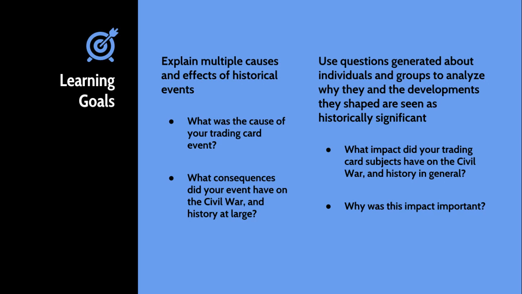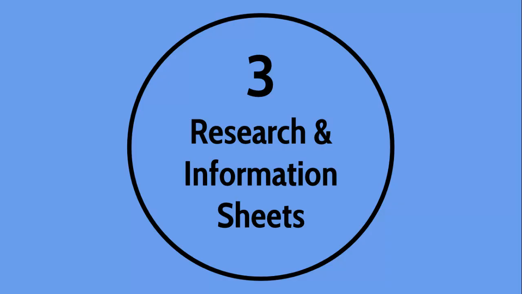Why, in other words, are we still learning about this person or this group so long in the future from when they were taking part in this time period? What did they do that had such an impact on the Civil War? By keeping these things in mind, you will be well on your way to meeting both of your learning goals.